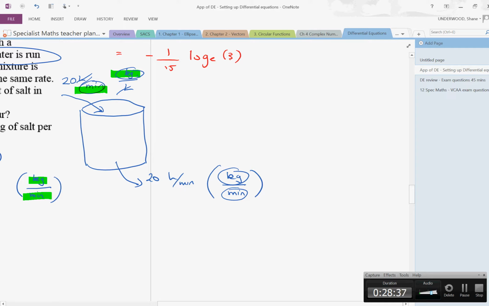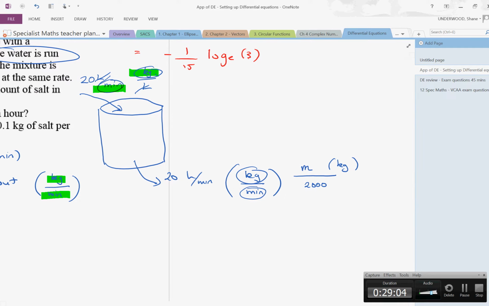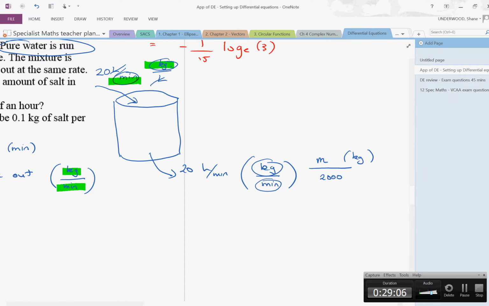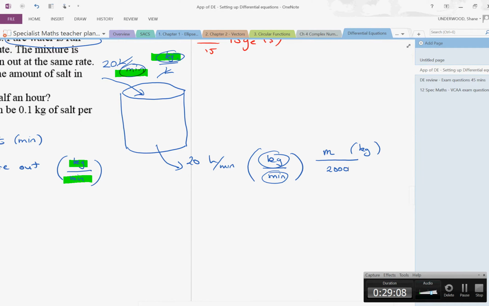M kilograms of salt, good, over the volume. Now think about it: the volume is always 2,000, because it's the same amount of liquid volume.